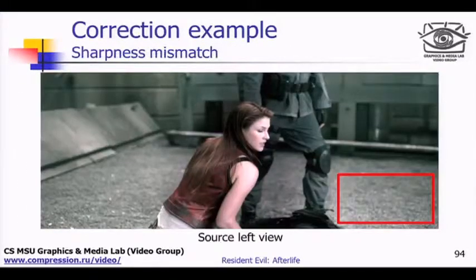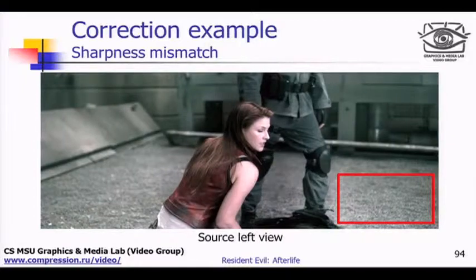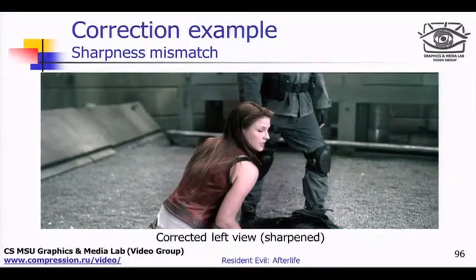And a more difficult sample, Resident Evil again. And you can see a clearly visible difference in sharpness. And here is a sample of how it's corrected, and it becomes sharper. It's difficult, but it's possible.